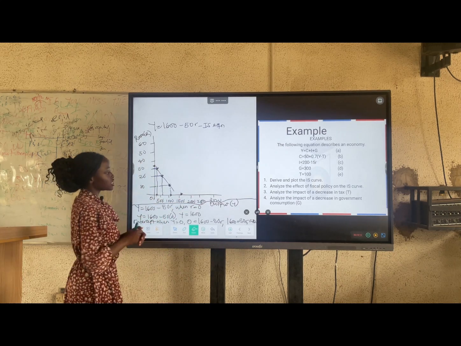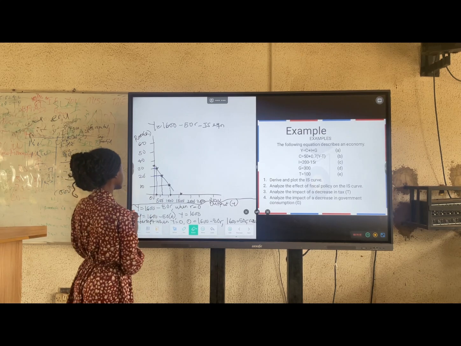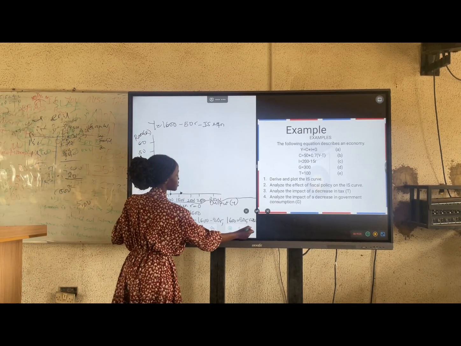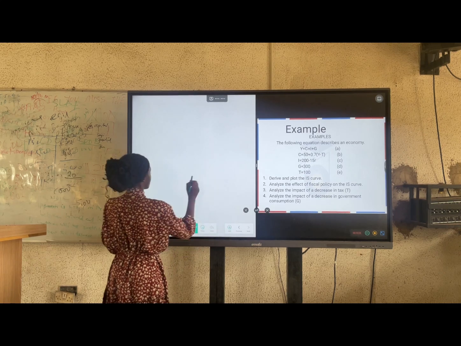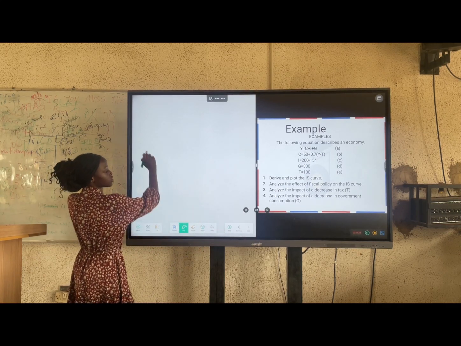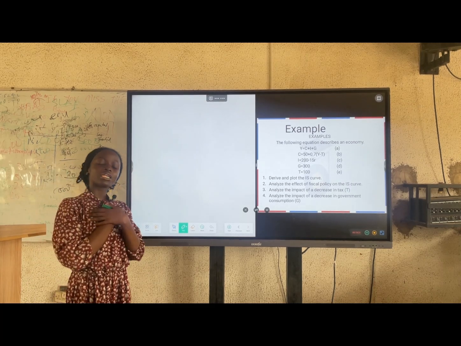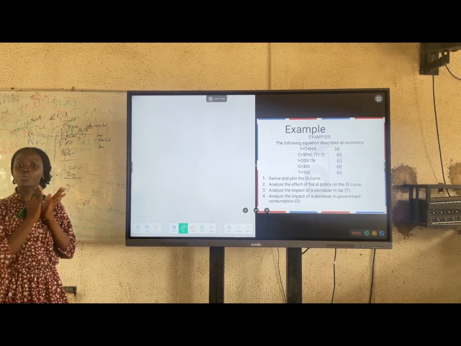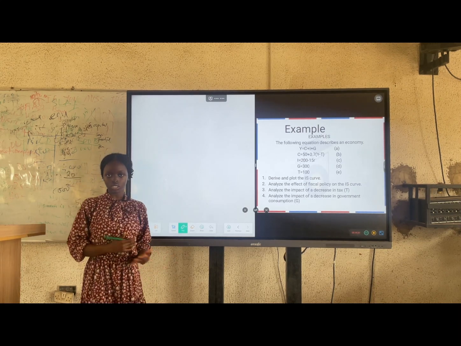I'm going to be moving on to the second one, which says analyze the effect of fiscal policy on the IS curve. As I've explained earlier, fiscal policy is a policy used by the government to control the inflation rate in the economy.